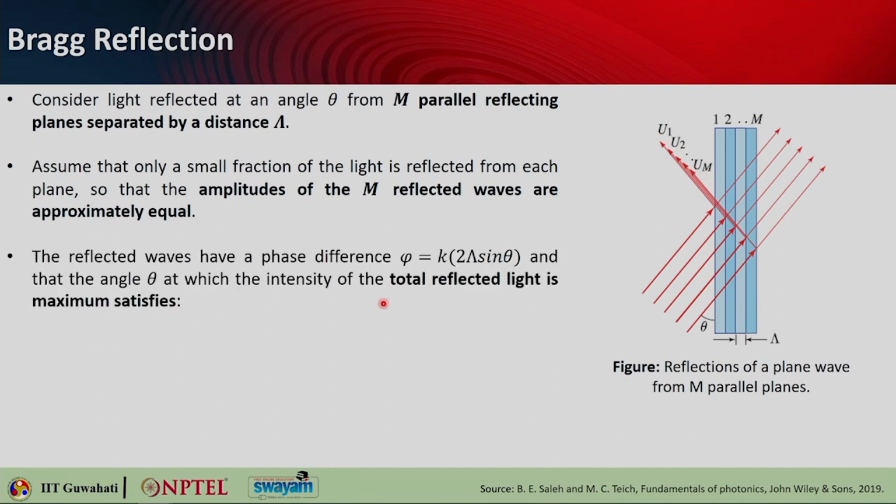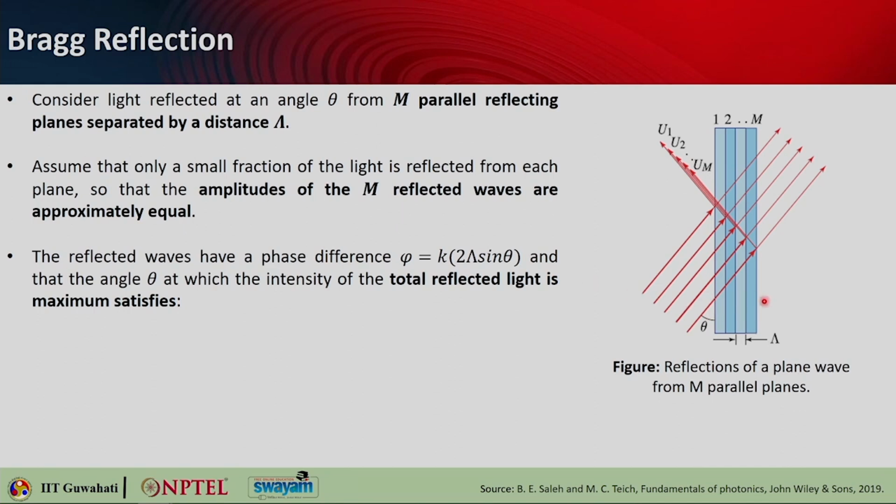Now, the reflected lights will have a phase difference because each ray is traveling a different distance. You can calculate the phase difference phi, small phi, as k times 2 capital lambda sin theta. k sin theta is basically the component of the wave vector along this multi-layer structure.